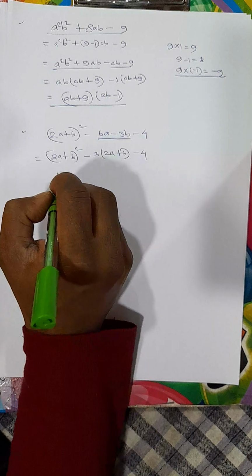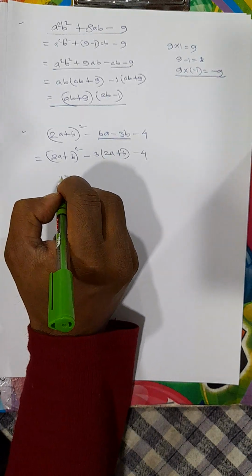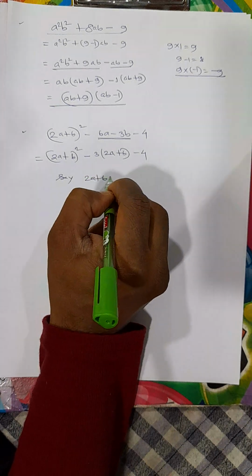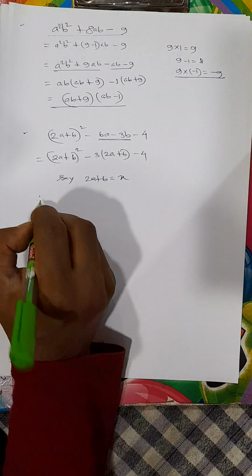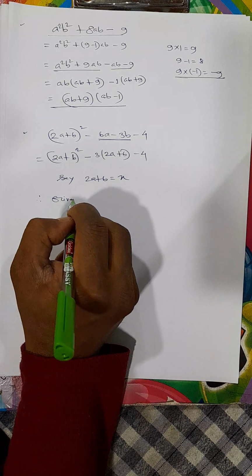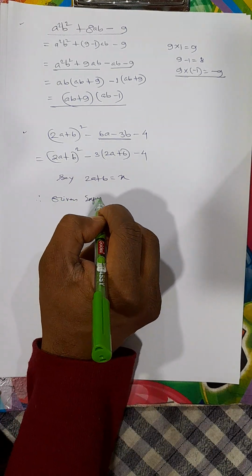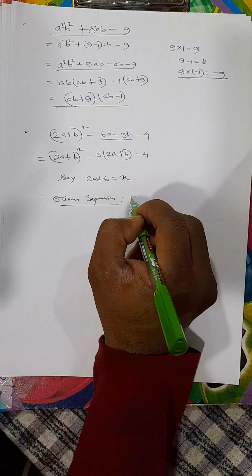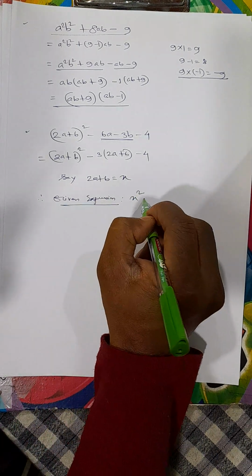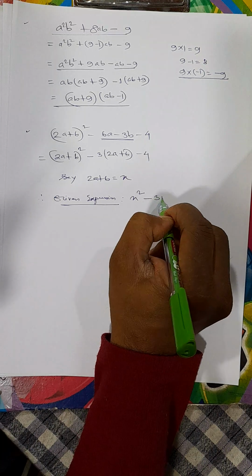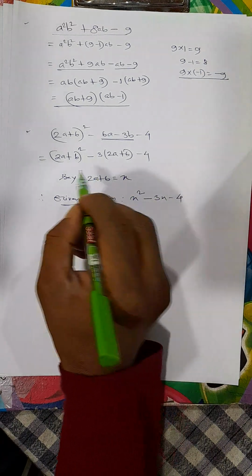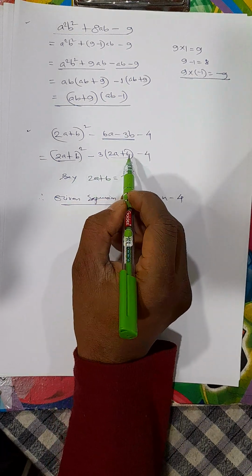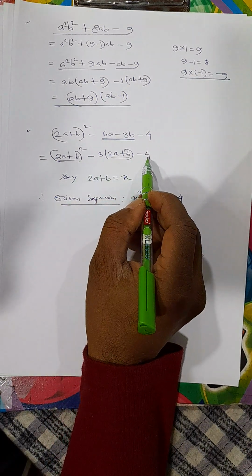Now you see, if you treat twice a plus b as x, say twice a plus b equal to x, therefore the given expression becomes x square minus 3x minus 4, right? This is x square minus 3 into x plus minus 4.